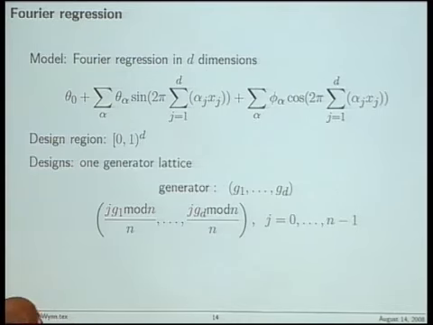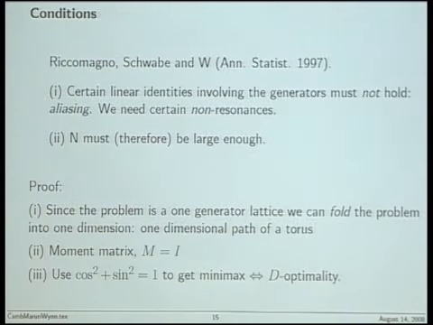What you need for these designs to be D-optimal for certain Fourier regression models is that you don't get aliasing. Now, it's not aliasing in the polynomial sense, it's aliasing in the Fourier sense, in the cyclic group sense.